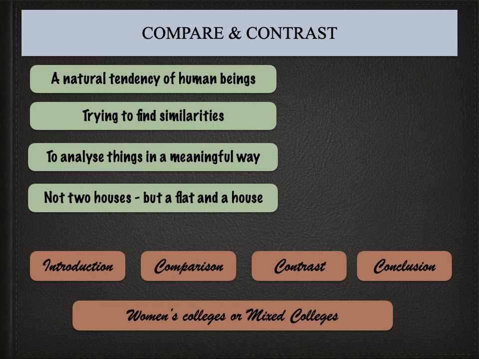For example, you cannot speak about two houses in the very same order because you cannot contrast them here, as they might have so many similarities but not many differences. At the same time, you can compare and contrast a flat and an independent house. So this is how you do it.